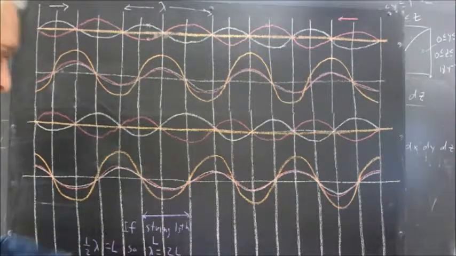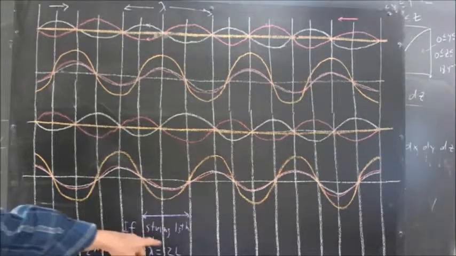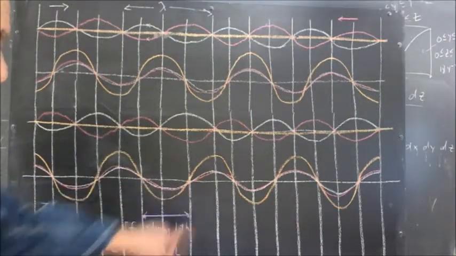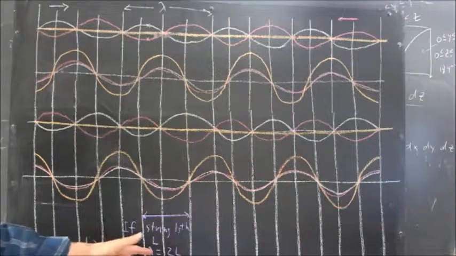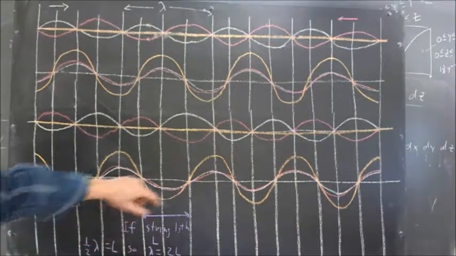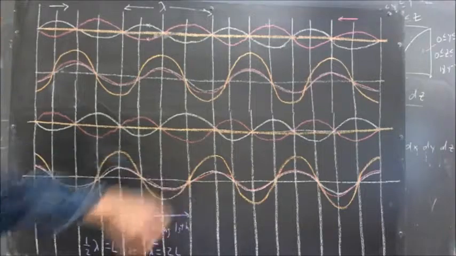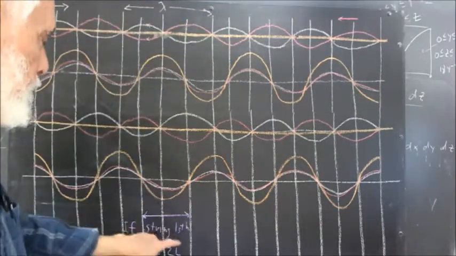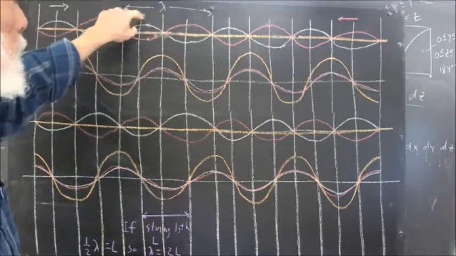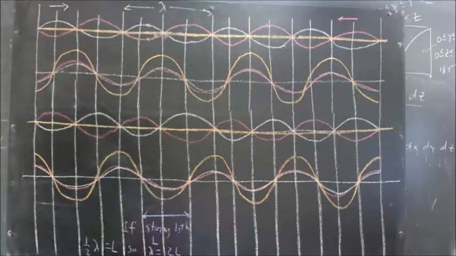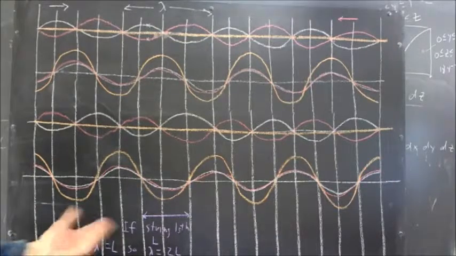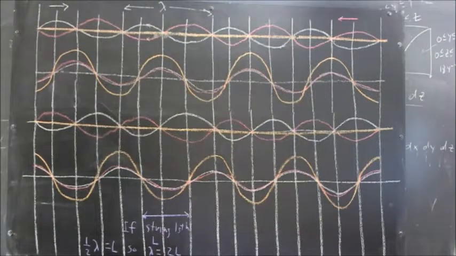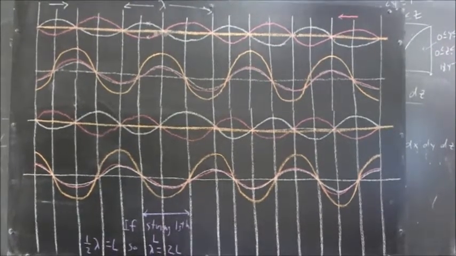And the statement I've written here is, if the string length is L and it spans from here to here, then 1/2 lambda equals L, because, of course, these lines are a quarter of a wavelength apart. The whole wavelength runs from here to here. What we have between these two lines is only 2 of the quarter wavelengths, half a wavelength. So half the wavelength equals L, and then it's obvious that lambda would be equal to 2L. The wavelength that you would get would be double the length of the string.